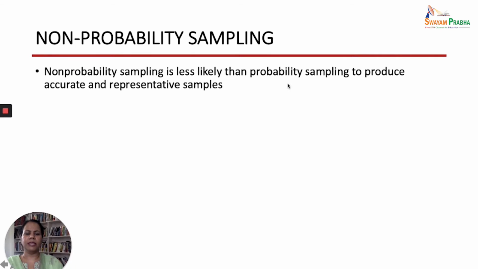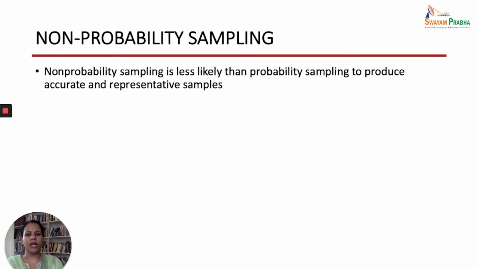Non-probability sampling is less likely than probability sampling to produce accurate and representative samples. It means, because in non-probability sampling we do not select the subjects randomly, we are not giving the chance to each and every subject to get selected in the sample.